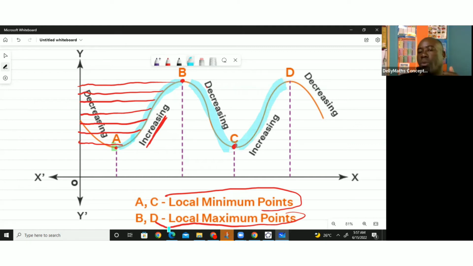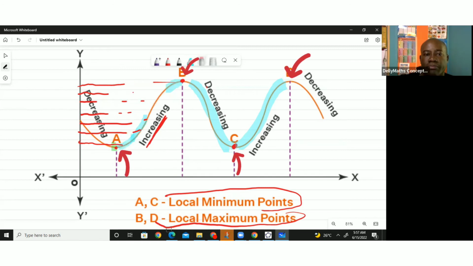So when we talk about a stationary point, we want to locate the local maximum or minimum of the curve. Now, when we have a local maximum or minimum, one would notice that there are certain x values.